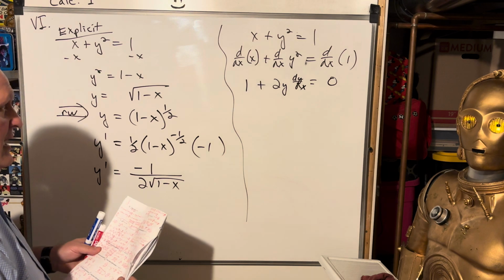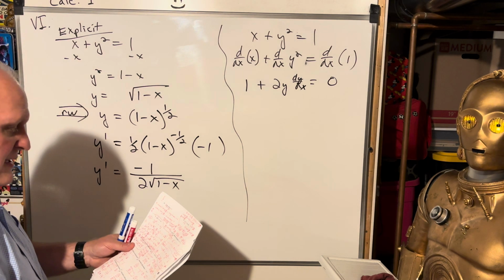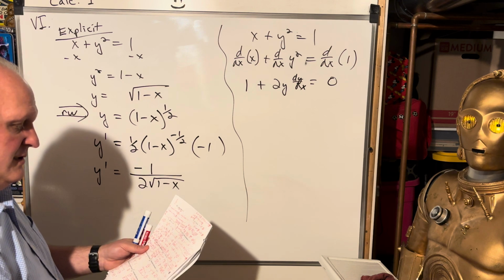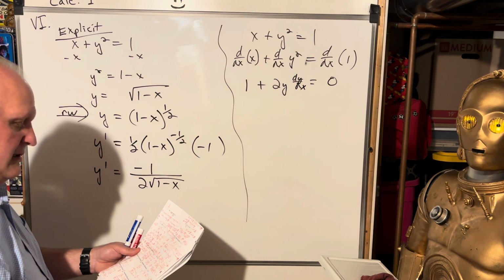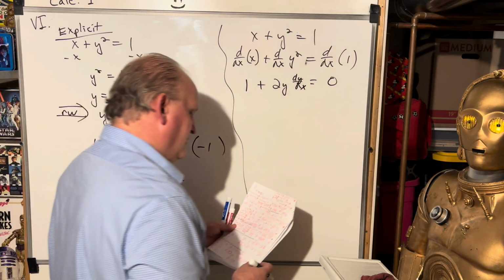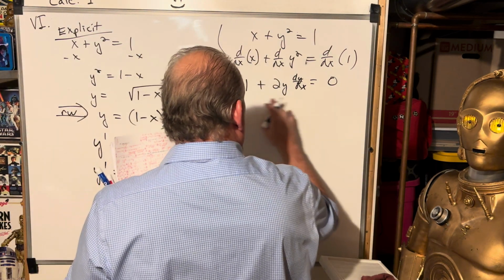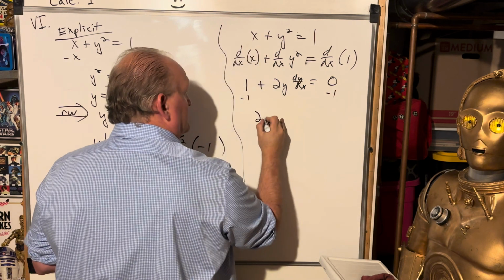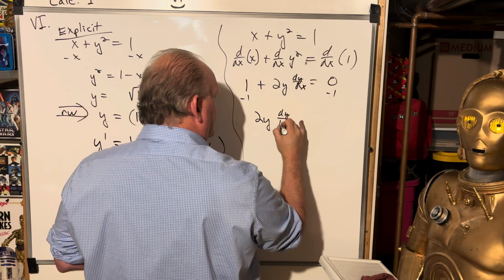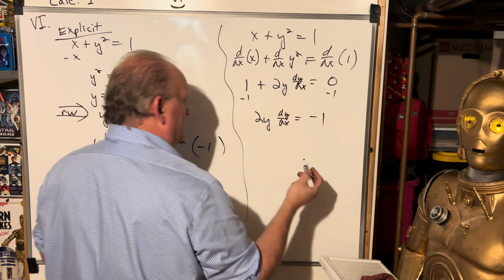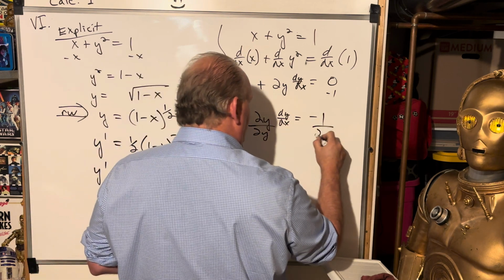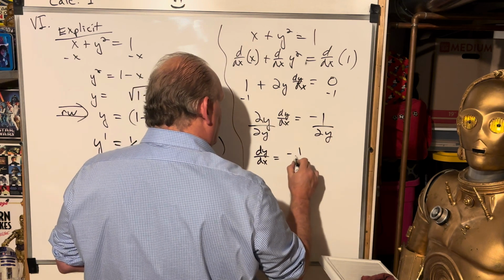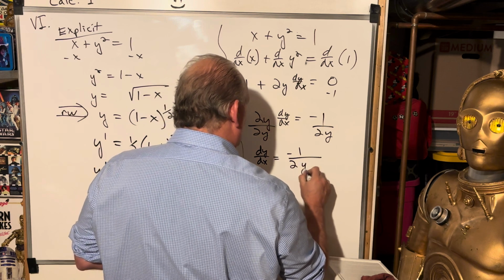And so now we go ahead and move the 1 over to this side, -1. So 2y dy dx is equal to -1, and then we divide by 2y. So dy dx is equal to -1 over 2y.